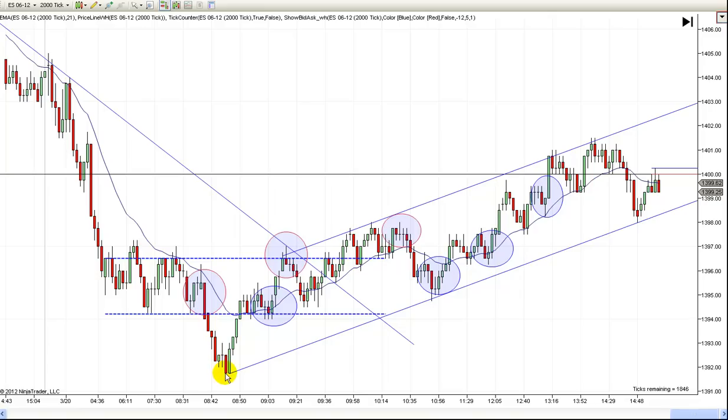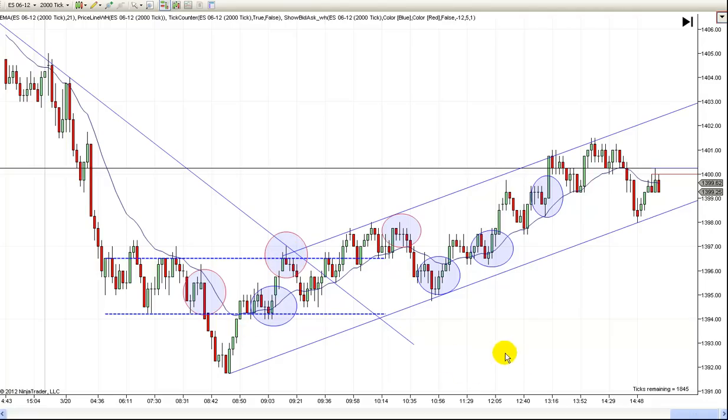This went much further than I expected, and so that's why it's sometimes good to hold on to those runners, because you could have got another couple of points out of this more than what I expected. I really thought we would just break below this bottom, or maybe even not get below it, and then it would fail and we'd come back up, because we'd been away from this trend line for so long that I was definitely looking for a couple of legs back to this trend line.